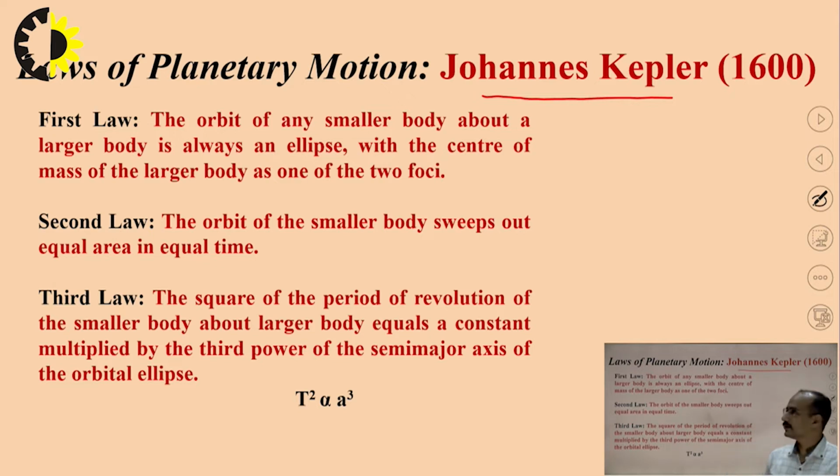law is, the orbit of any smaller body about a larger body is always an ellipse with the center of mass of the larger body as one of the two foci.